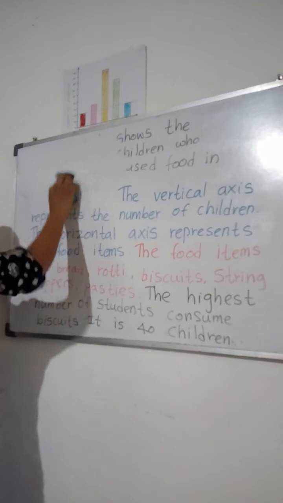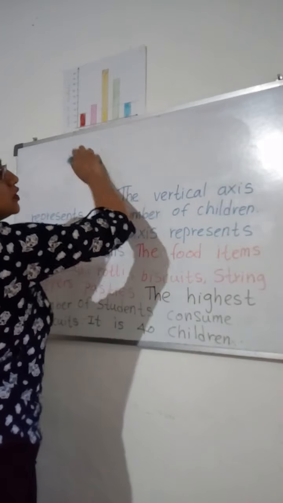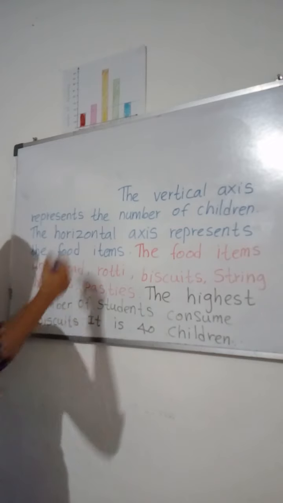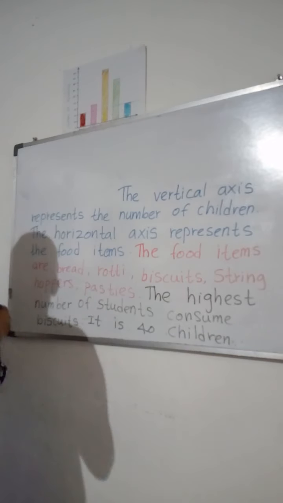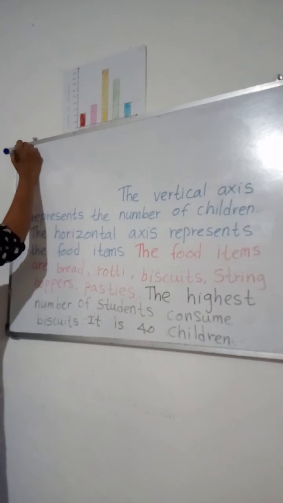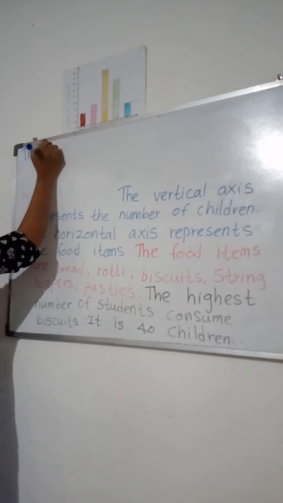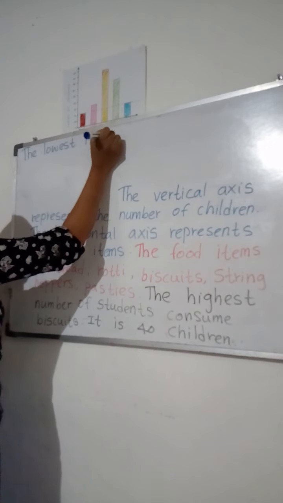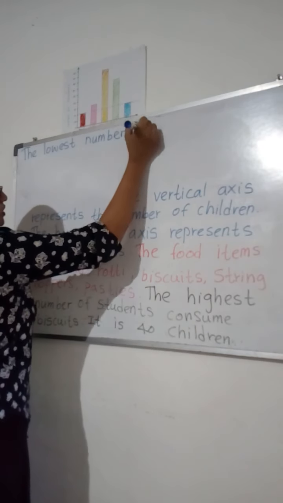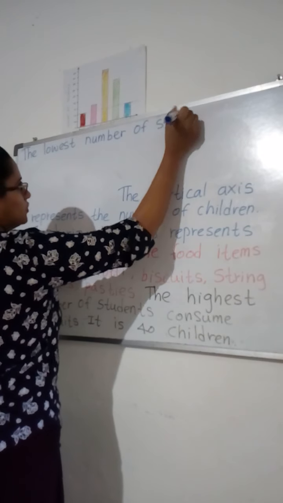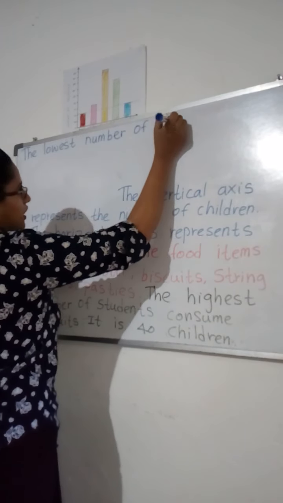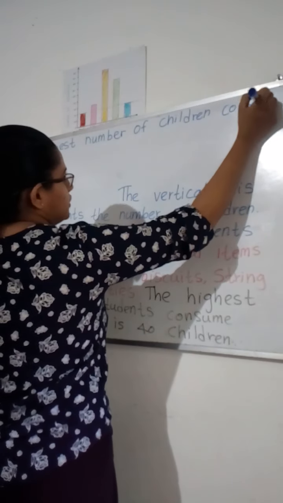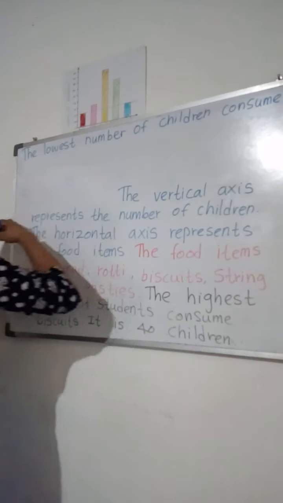Next, we can write about the lowest number of students. Okay. Lowest number of, not students, we can use children. Children consume what?